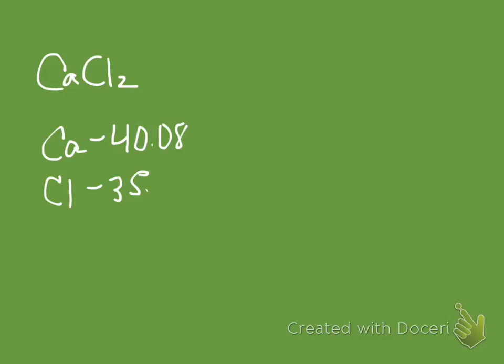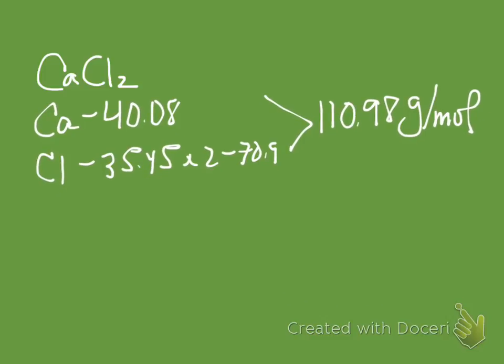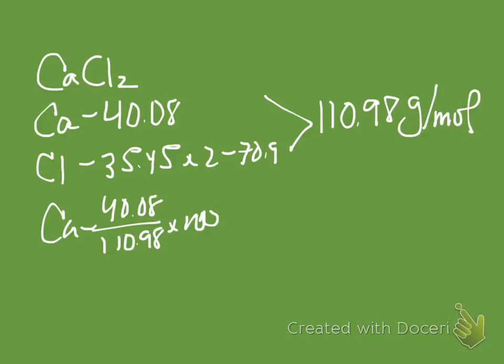Chloride, 35.45 times 2, 70.9. So our total mass is 110.98 grams per mole. Okay. And so for calcium, 40.08 divided by 110.98 times 100, 36.11% calcium.